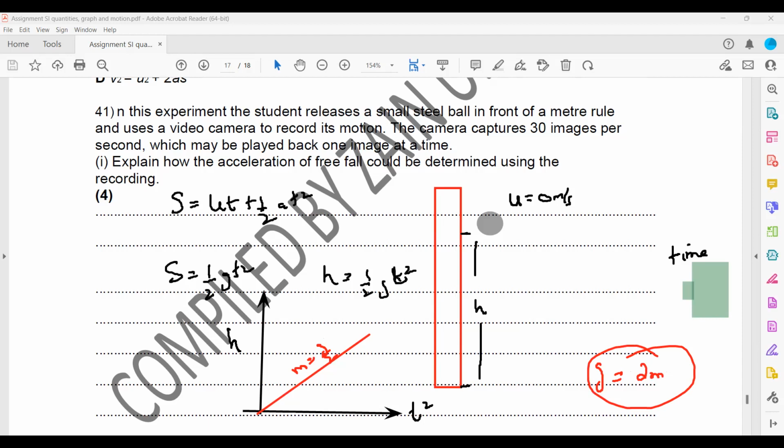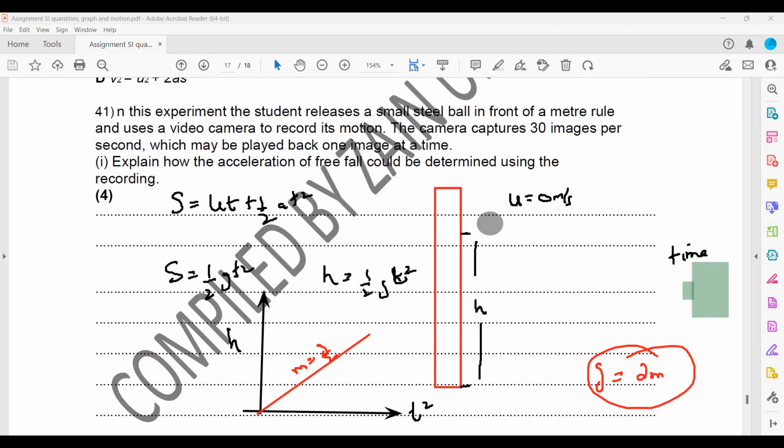So we'll measure the distance with the meter rule, and we will use the images per second of this camera to work out the total time. Then we'll repeat the experiment with different heights and record the time. Then plot a graph between height on the y-axis and time square on the x-axis.